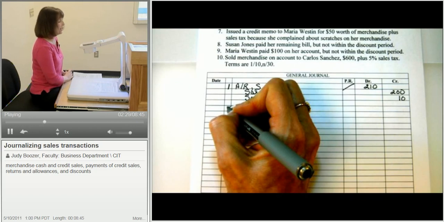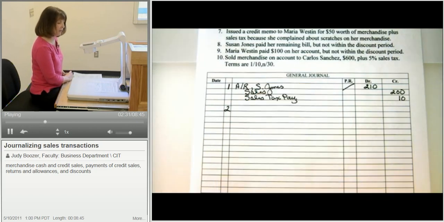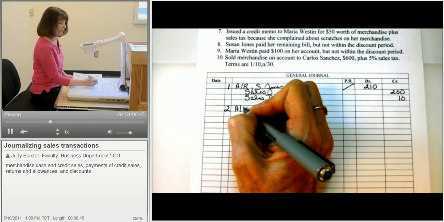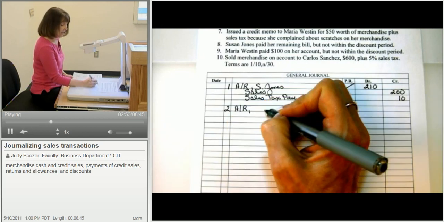Sold merchandise on account to James Kelvin, $120 plus 5% sales tax. Terms are $110 net $30. Sold merchandise on account to James Kelvin. What's my debit? It is accounts receivable and his name.